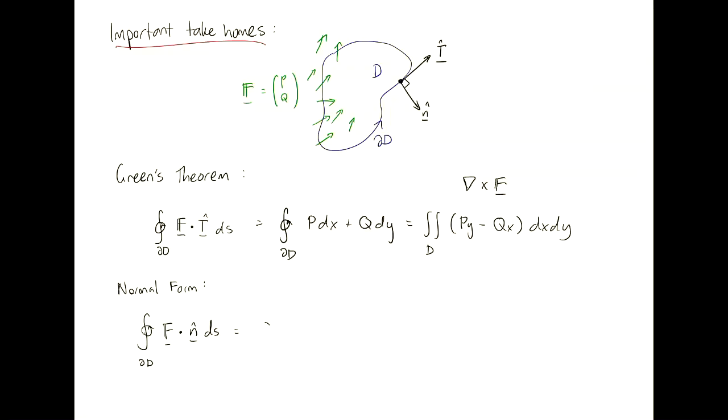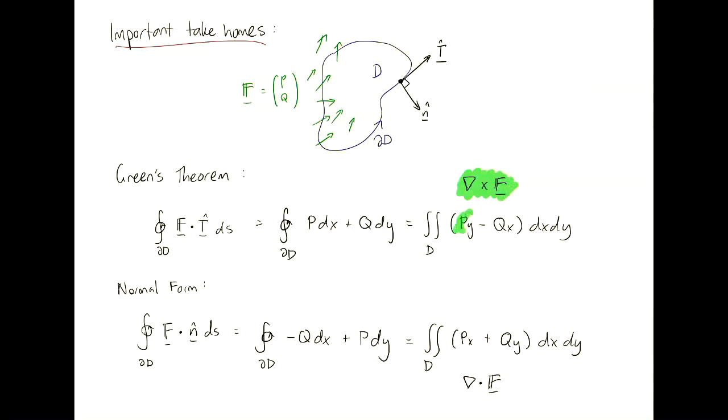Okay, so the normal form is the same thing, except now this is a little curly, minus q dx plus p dy, but this thing is often a little more physically insightful, px plus qy dx dy, which I do remember because it's hard to forget what the divergence is, but easy enough to just remind yourself that it's this. This is the curl, and this is the divergence.